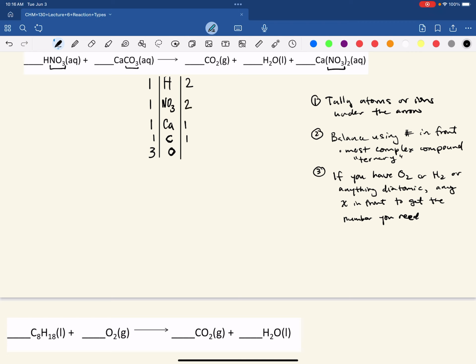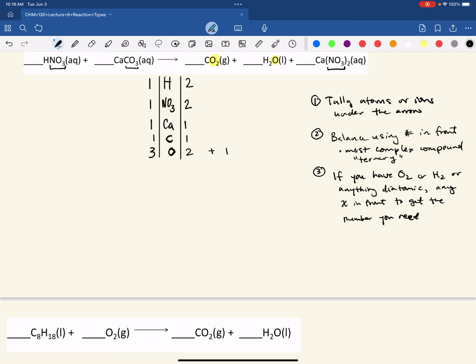Now with the oxygen, be careful. I'm not going to count this oxygen because this oxygen is already accounted for in the NO3. But I am going to count these oxygens here. And instead of writing oxygen is 3, I'm going to write 2 plus 1.